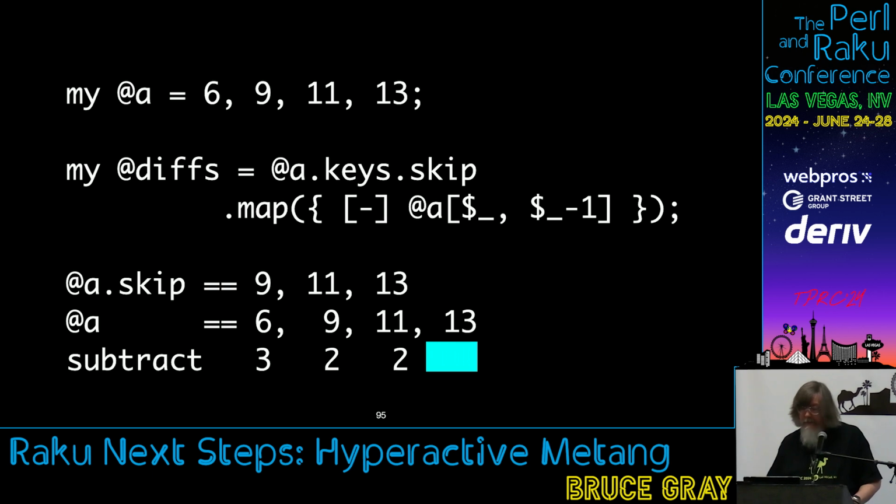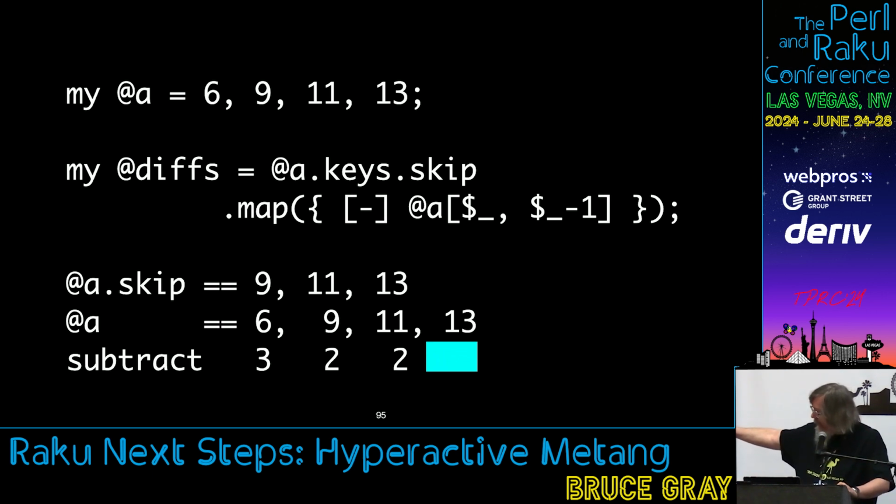My notes for this slide simply say I need a simpler example. Okay, I have an array of 4 numbers that have no meaning whatsoever, but I need to know what the differences between them are. So I could go back to the keys thing. So I have a handle for where I am and where I want to look in the list, and skip over the first one.